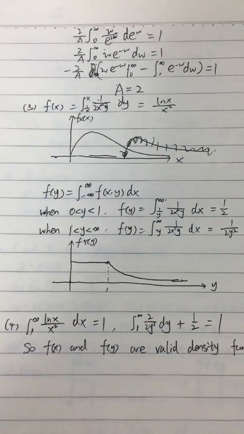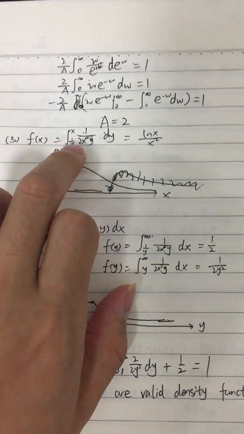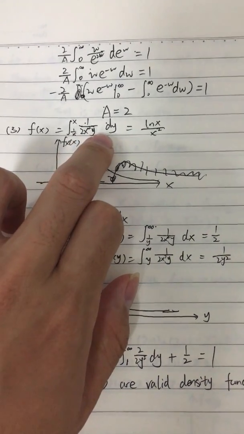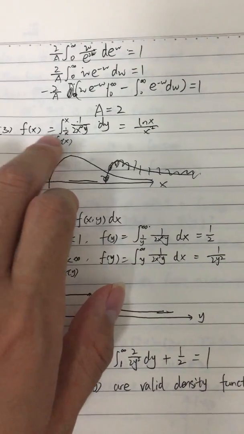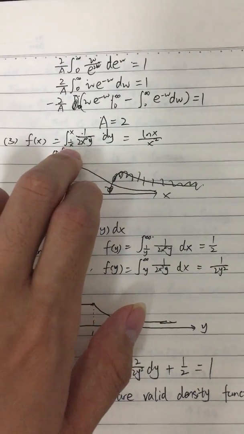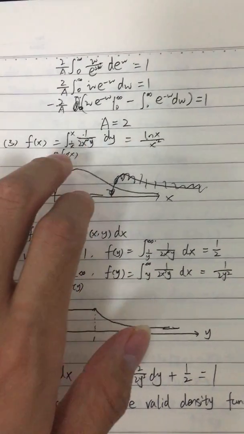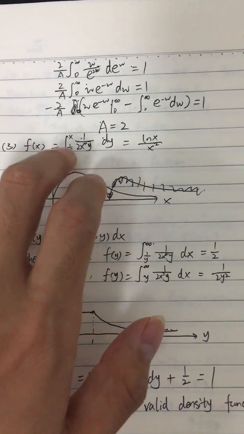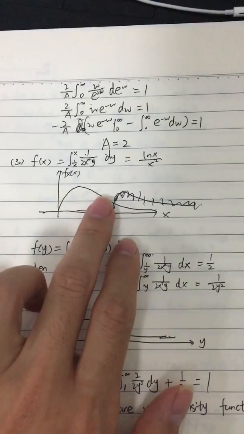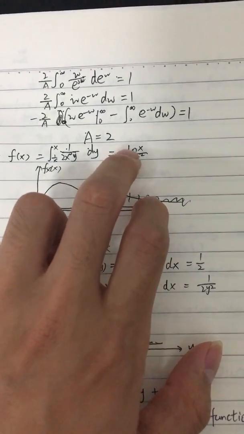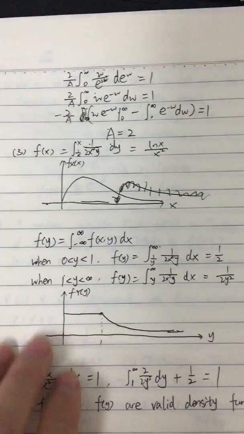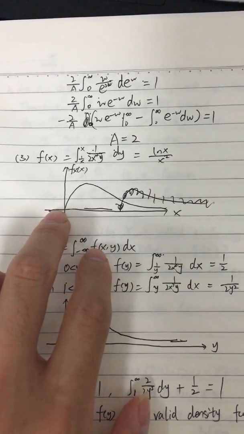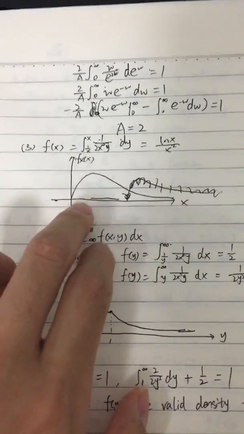To find f_X, we just integrate this function of x, y by dy, because y is from 1 on x to x, so we just integrate dy in this area, and this equals ln x on x squared. And we can draw the figure of f_X like this.